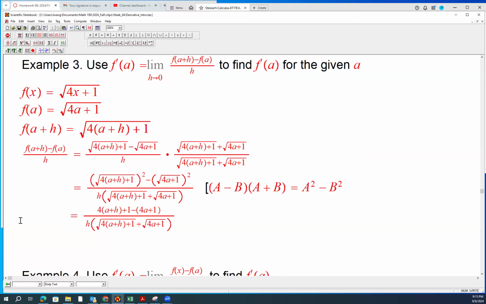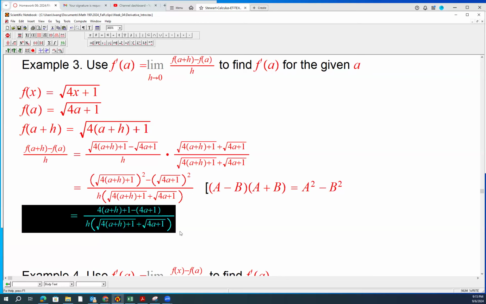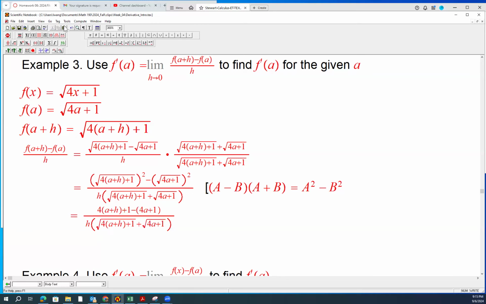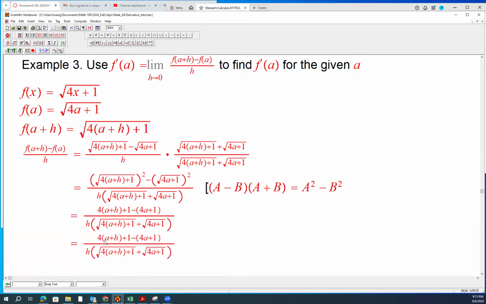Okay. Now we're going to carefully reduce. 4a plus 4h. So this is a 4a plus 4h minus 4a minus 1. Okay, opened up the parentheses here, right? We get minus 4a minus 1. 4a minus 4a makes 0.